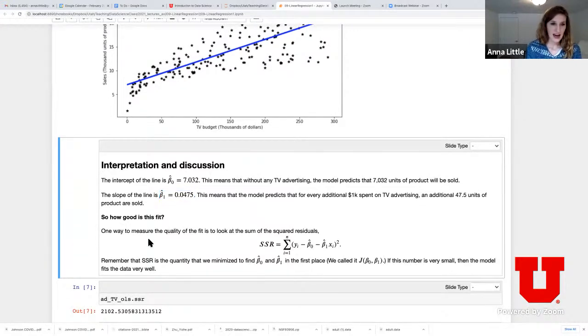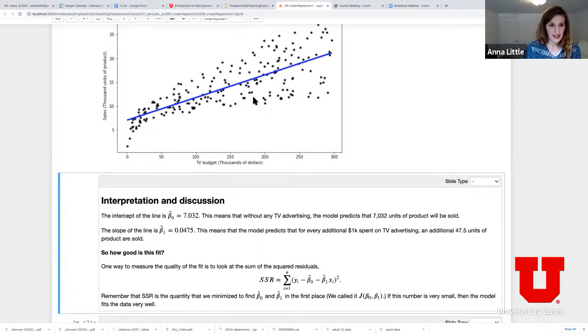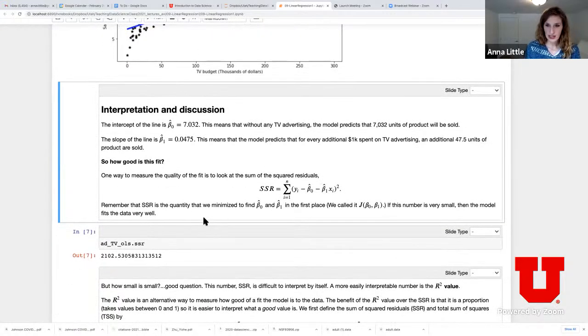Okay, and so how do you evaluate how good a fit the line is? Of course, you can always plot it and do the eyeball check to see if it looks like it's fitting the data well, but there's also a more objective thing that you can do, which is to look at the sum of the squared residuals. Like we discussed, these optimal parameters, slope and intercept, are minimizing the sum of the squared residuals.